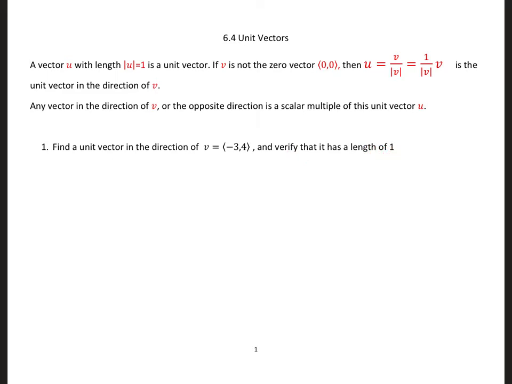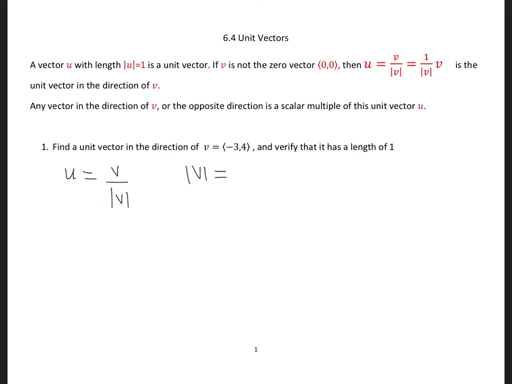So here we take this vector, and we're given the vector v. Remember the formula to find this unit vector. This is going to be the same as you take v over the magnitude of v. Let's start by finding the magnitude of v.